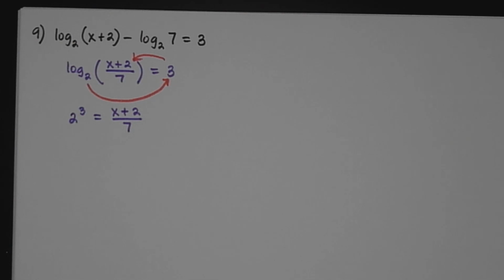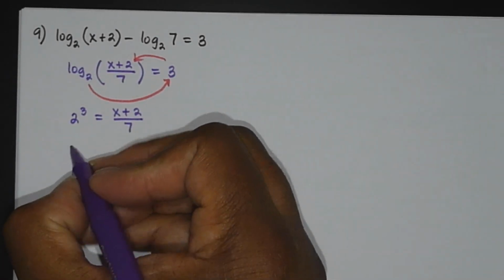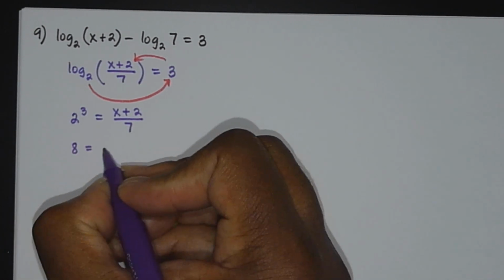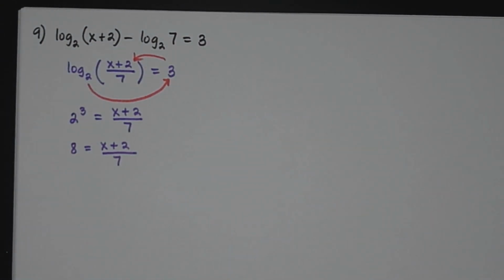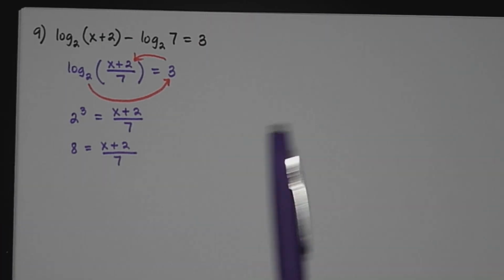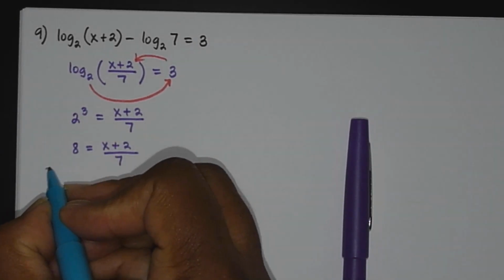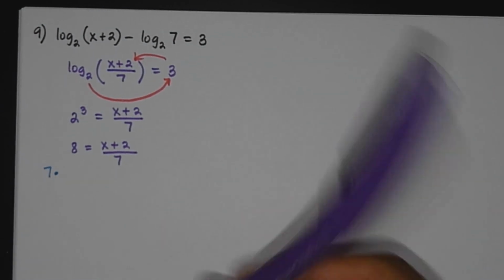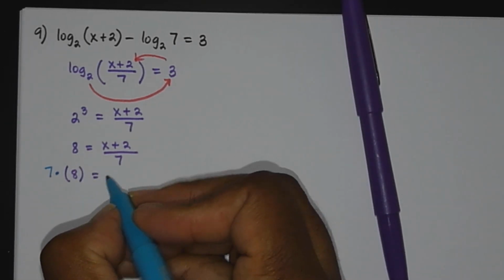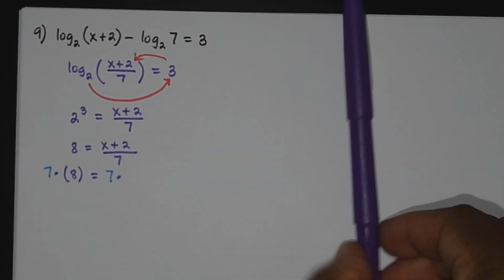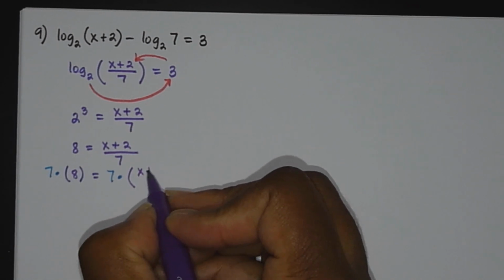And now let's simplify this. 2 to the third power is what? 8. So I have 8 is equal to (x plus 2) divided by 7. So what would be the first thing I need to do here to get x by itself? Multiply both sides of this equation by 7. So I have 7 times the 8 on the left side, and that's equal to 7 times the quantity (x plus 2) divided by 7.